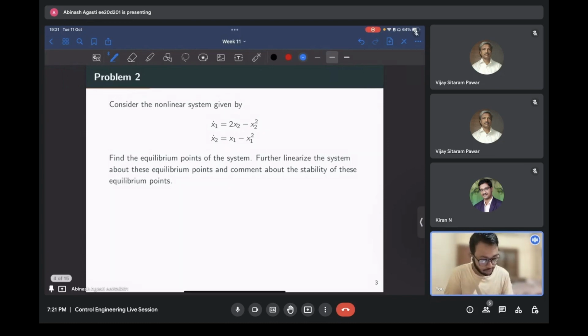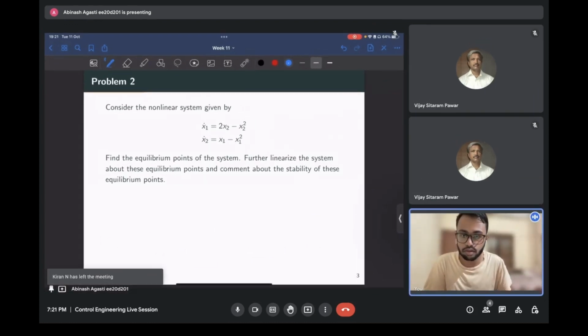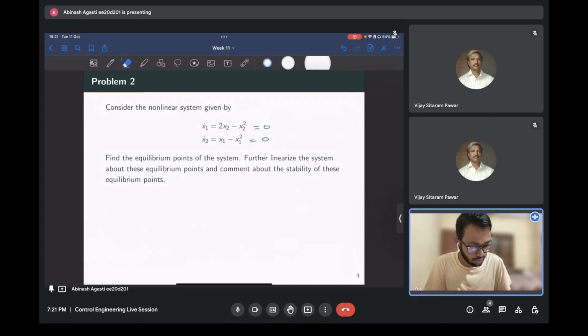So, one of you tell me what we do to find out the equilibrium points. I equate this to 0, I equate this to 0, and then what do I do? This should be fairly straightforward to solve.